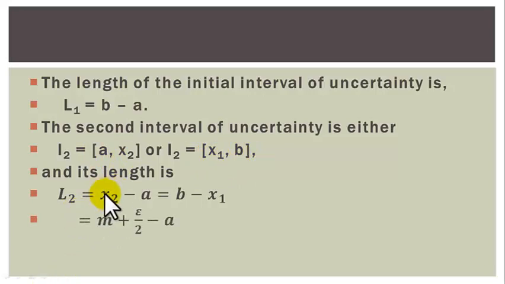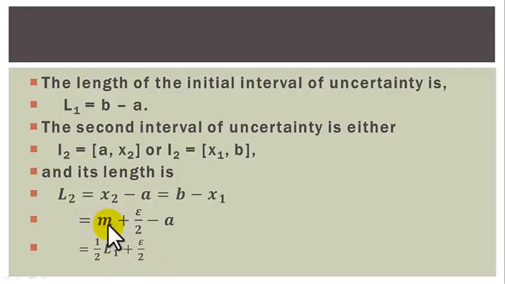If we substitute for x2 here, which is M plus epsilon all over 2, then minus A, that will give us the length of the second interval L2 to be half L1 plus epsilon all over 2.